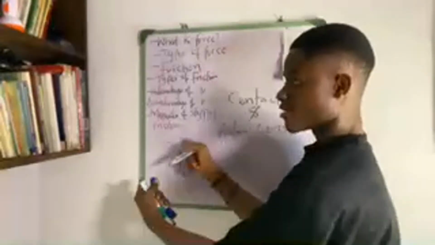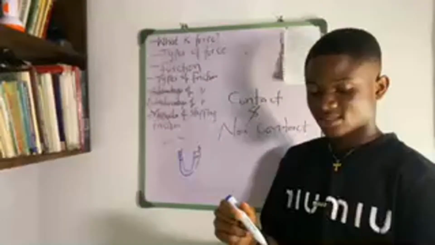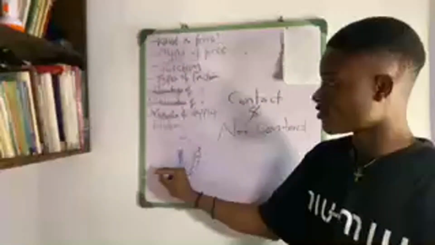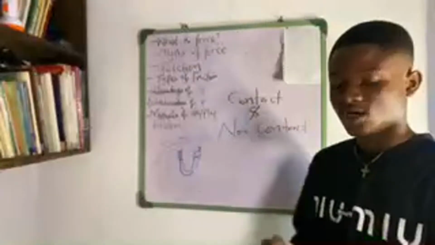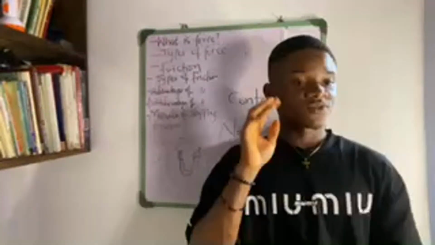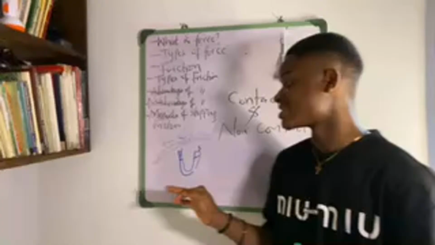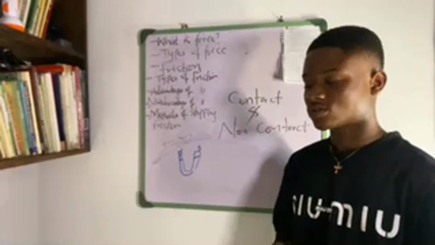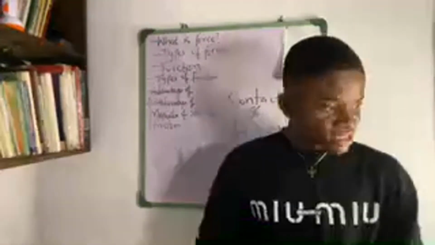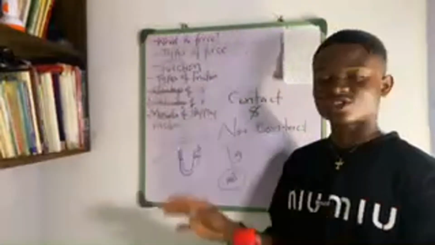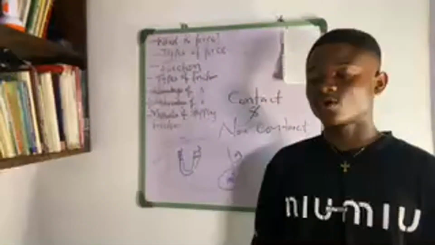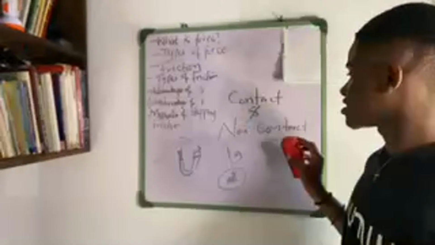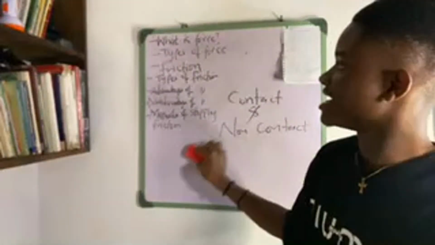You see that this magnet will magnetize these iron filings. So there is a magnetic force acting in this space, region, or field. So an example of a non-contact force or field force is magnetic force. The same thing with electric force. We have the magnetic force, the electric force, the gravitational force, then we also have the electromagnetic force. So they are non-contact forces.